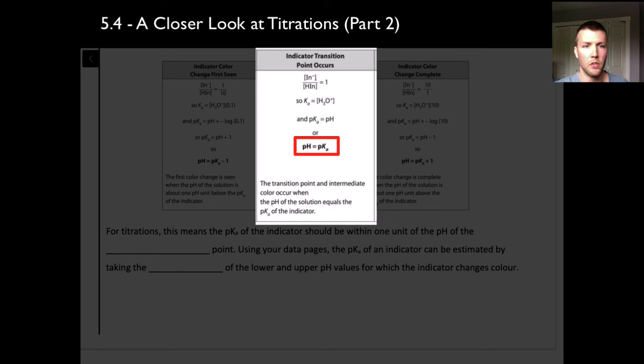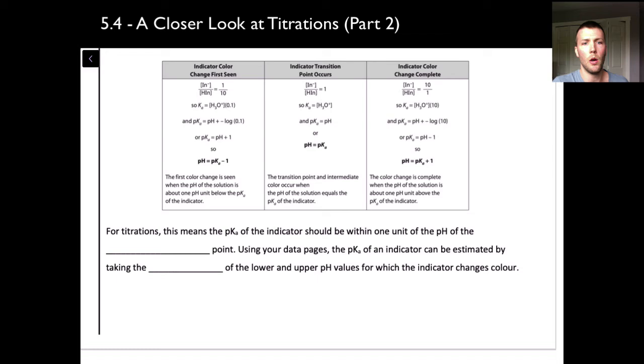and this is what the transition point is defined as. And so when we go and do a titration, we want the pKa of our indicator to be within 1 unit of the pH at the equivalence point. Remember, the equivalence point and the transition point are happening independent of each other. The pH at the equivalence point depends on the reaction in the actual titration itself.